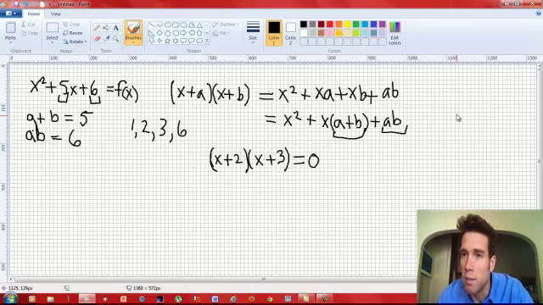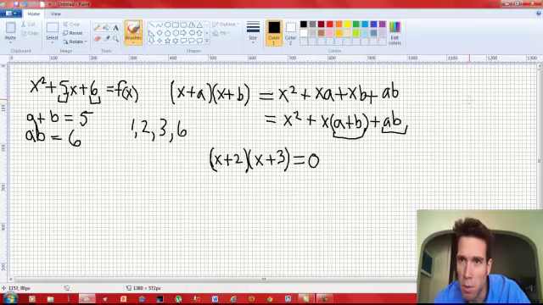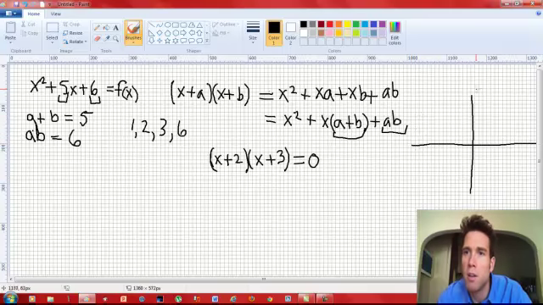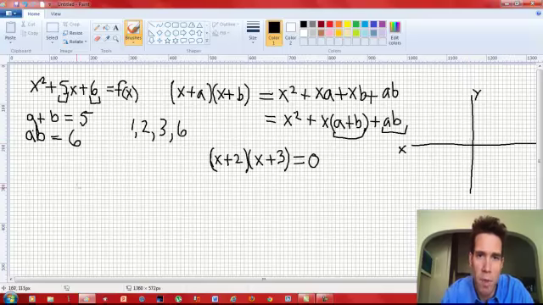If we wanted to graph this now, let's just draw a graph here. So here's our y-axis and here's our x-axis right along here, this horizontal one. First off, we want the general shape of a second degree polynomial.